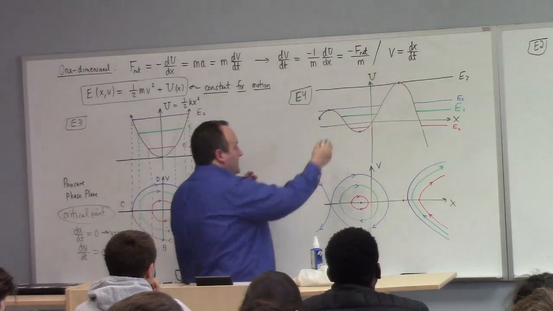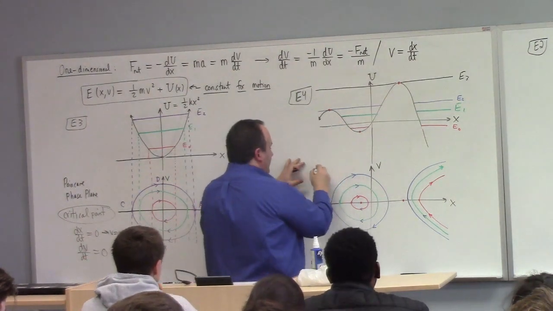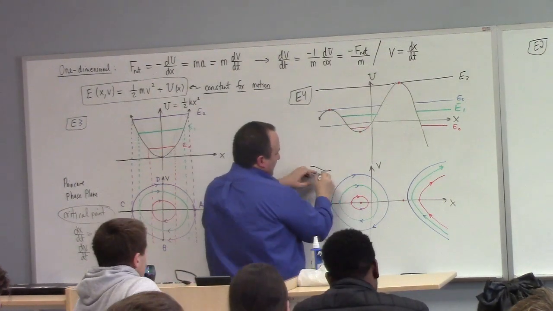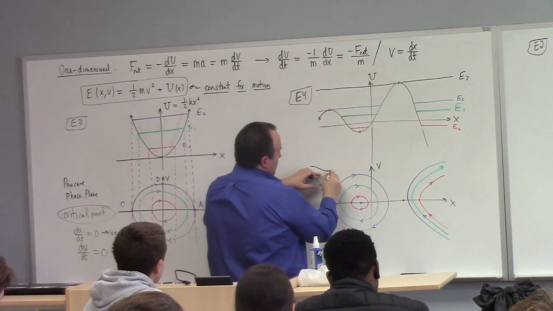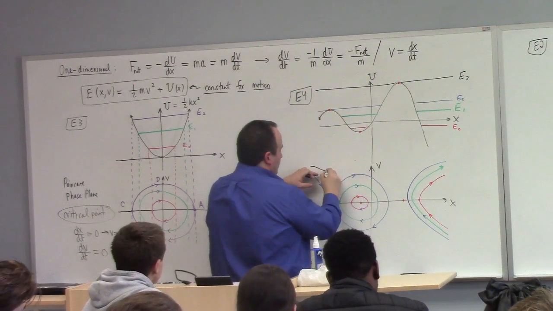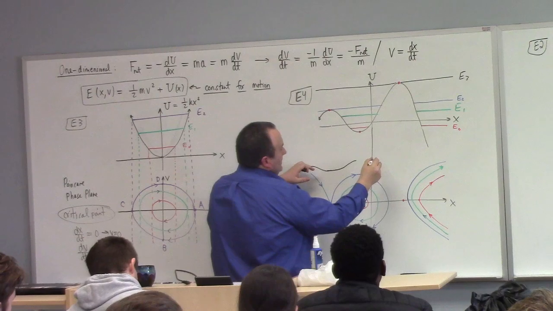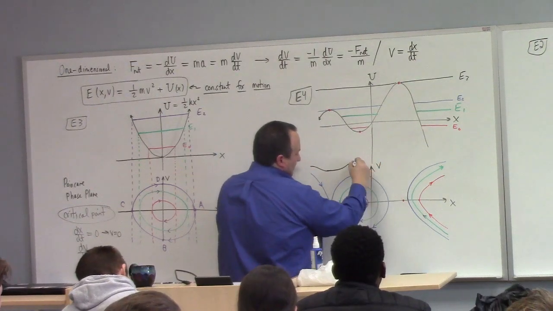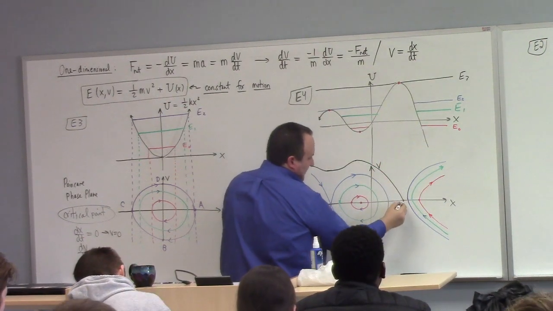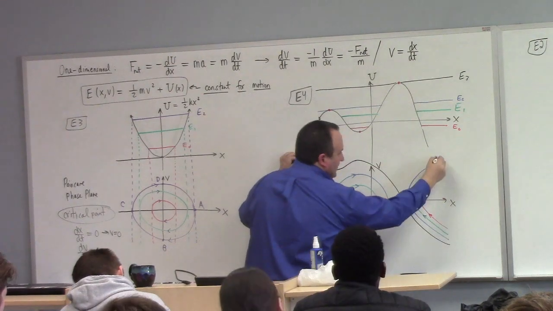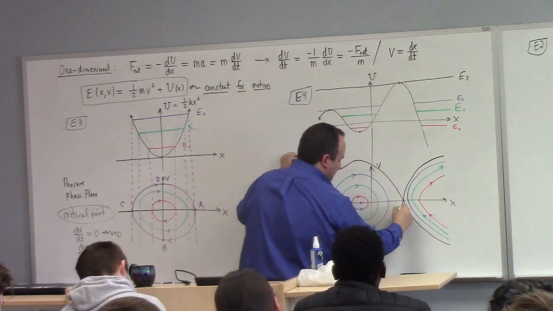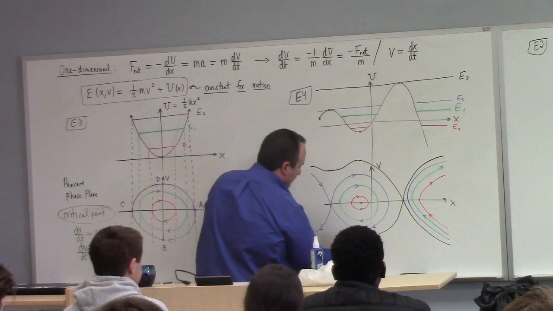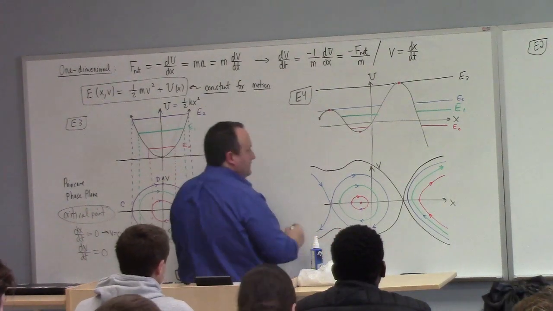I never quite achieve this perfectly, but it should be a horizontal tangent there, and a horizontal tangent here, so it comes up, comes back down, and then it goes through that point. And then it repulses out again, and then it's symmetric the other way. Like that.